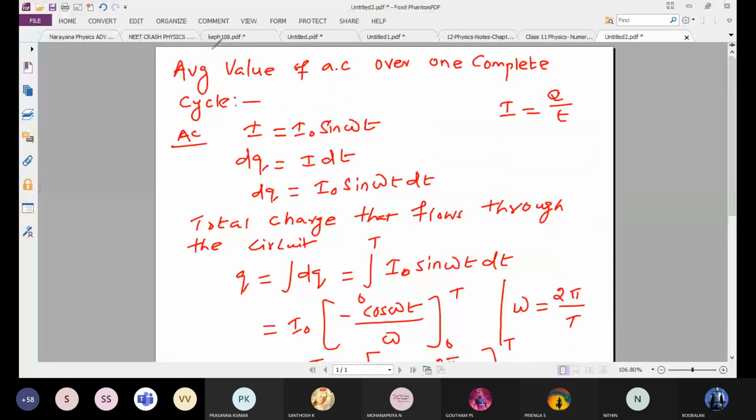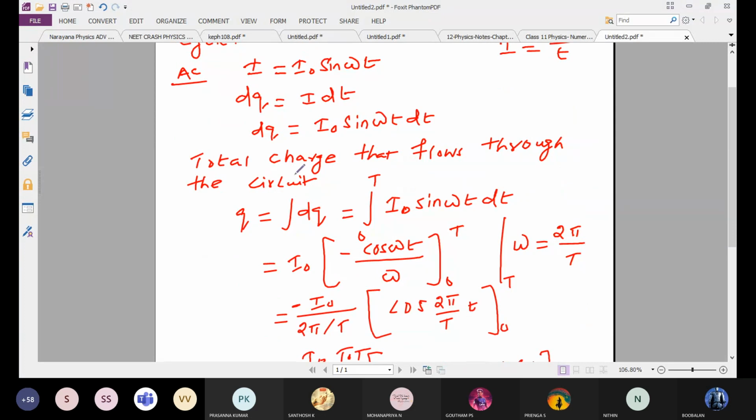Okay. So listen everyone. The average value of AC over one complete cycle. Already I know the formula I is equal to I naught sin omega t, and using the current formula I is equal to Q by T, dq equals I dt. Now what is I? It is I naught sin omega t. I want the total charge that flows through the circuit, so Q is equal to integral dq, and dq is I naught sin omega t into dt.